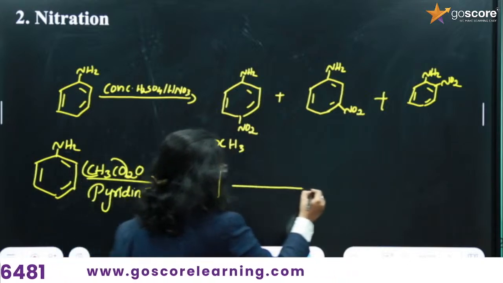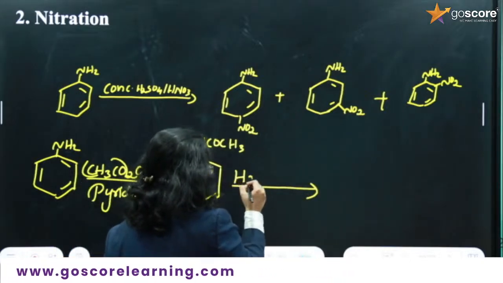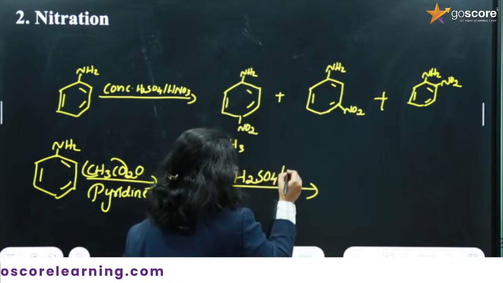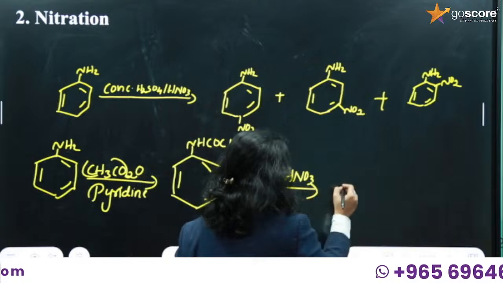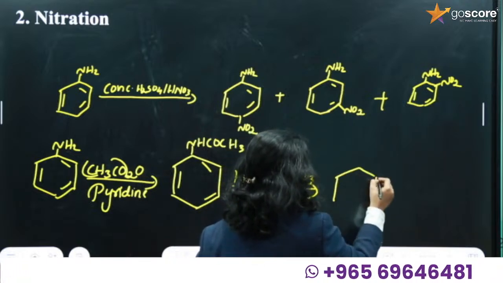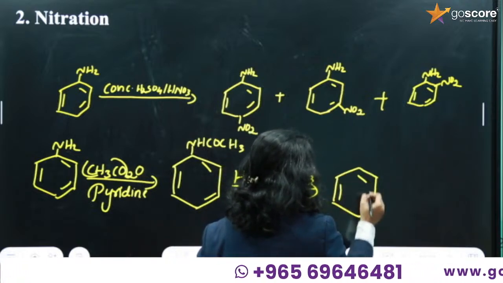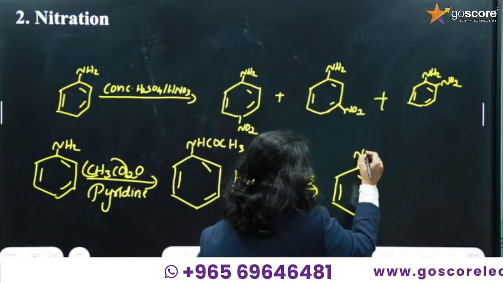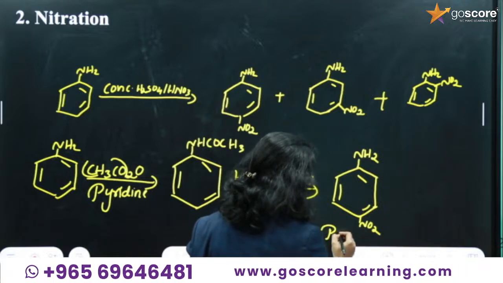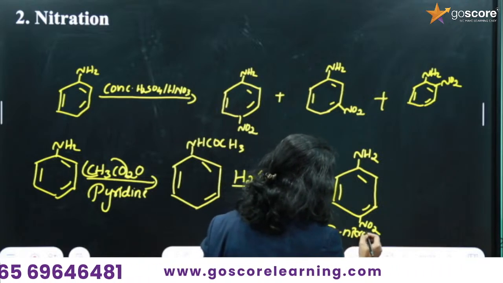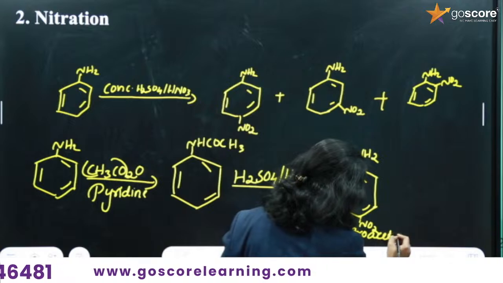This acetanilide on reacting with H2SO4, HNO3, you will get para-nitro acetanilide will be obtained.